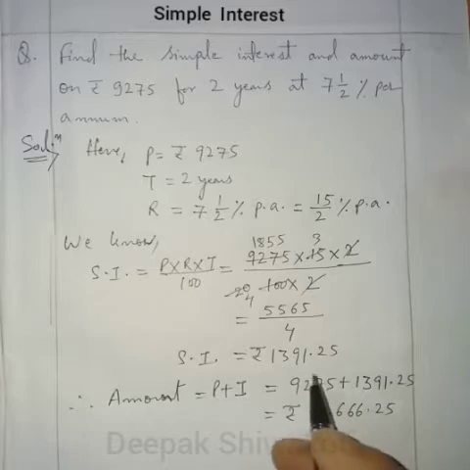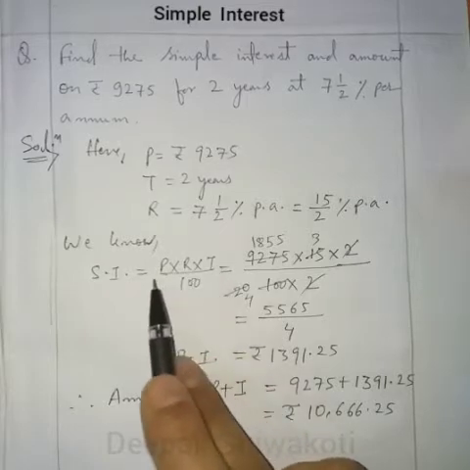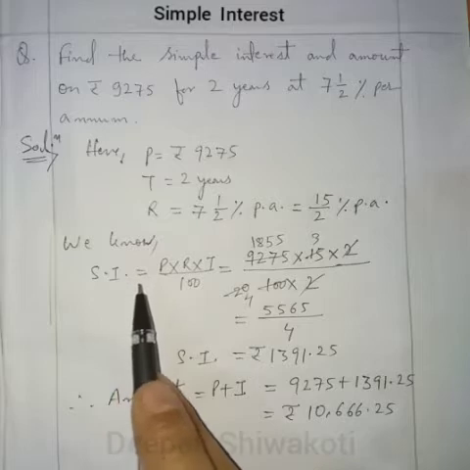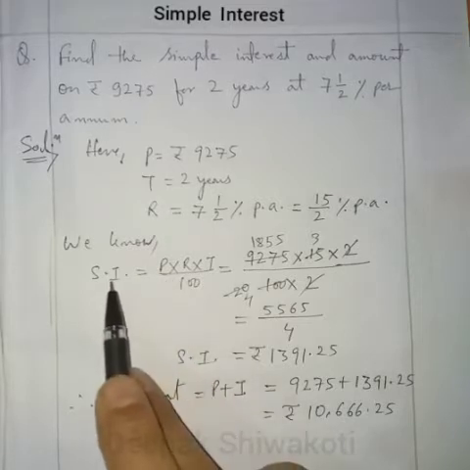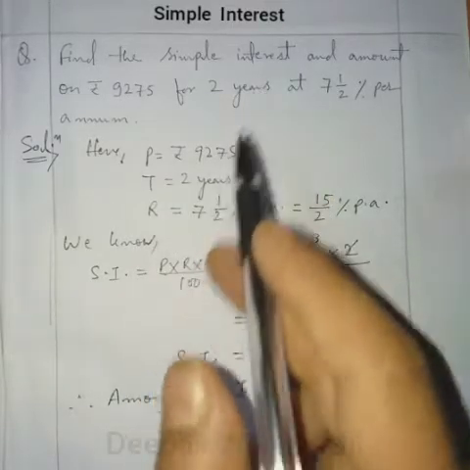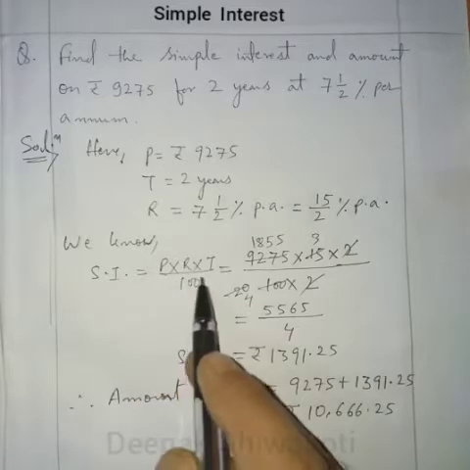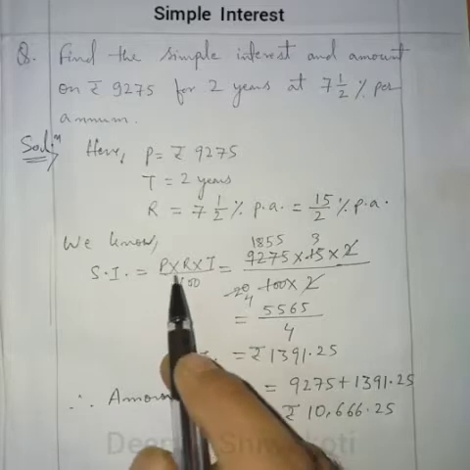Sometimes it is asked to find rate or time or principal. Just modify this formula, put the values and get the asked quantity. Suppose simple interest, time and rate are given, and it is asked to find the principal. Just modify this formula and you can get the principal.